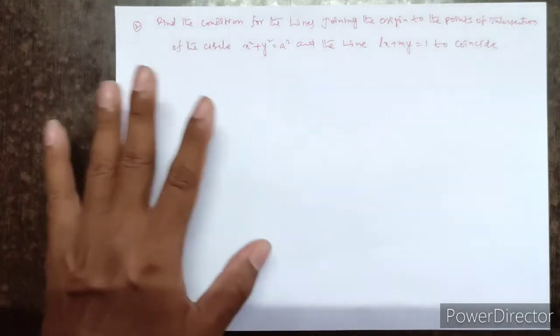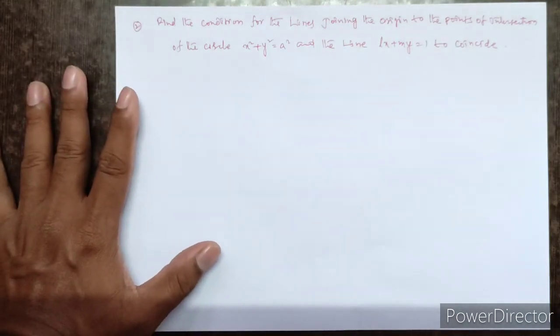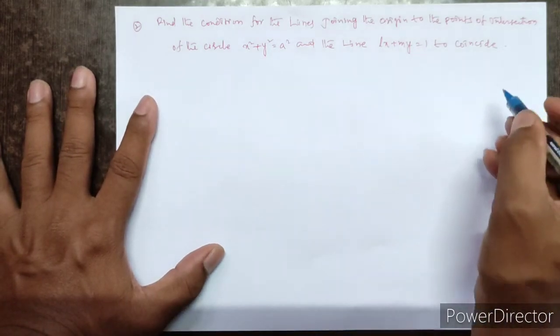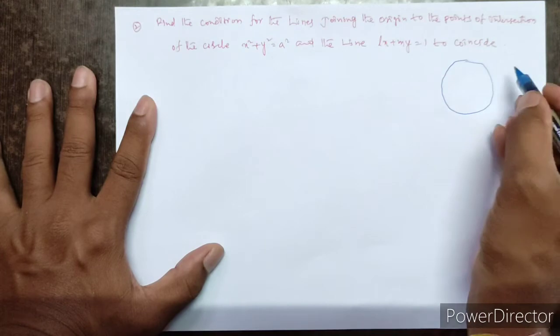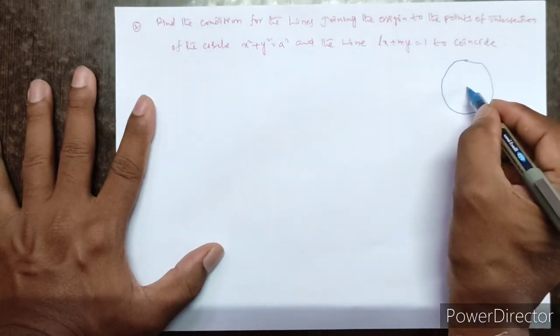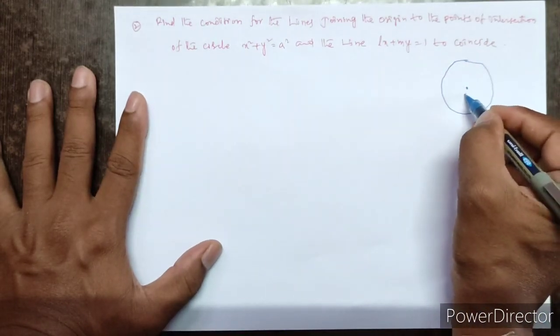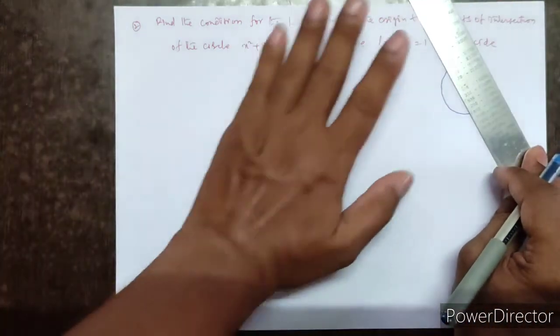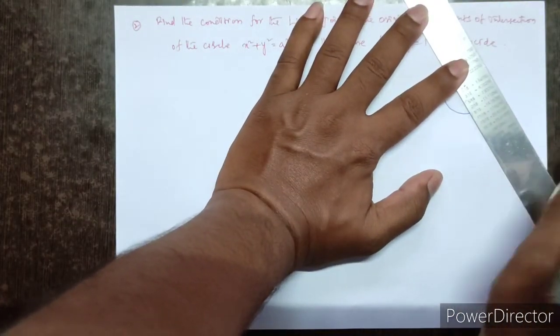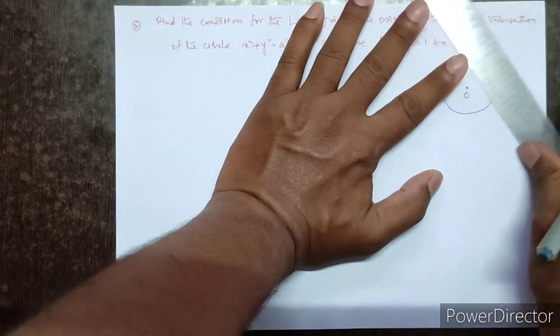So the figure is like this. This is a circle, this is the origin, this is the given line.